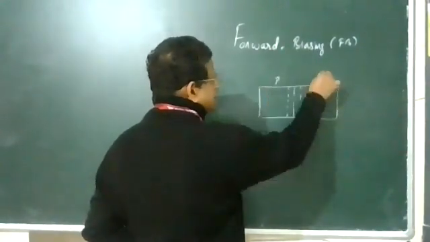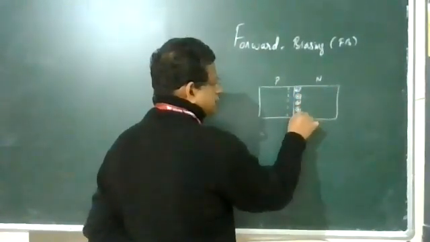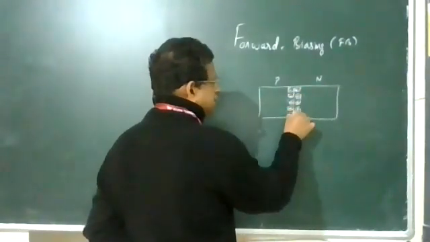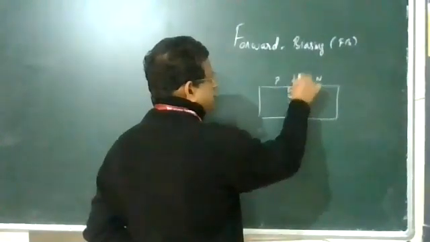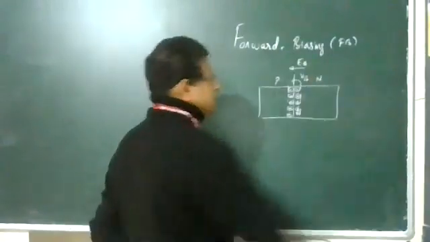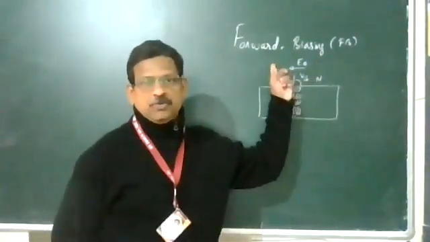The P side has negative immobile ions, and the N side has positive immobile ions. So there is a potential difference. This is the barrier potential difference VB, and the barrier electric field is EB. The direction of the barrier electric field is from N side to P side.